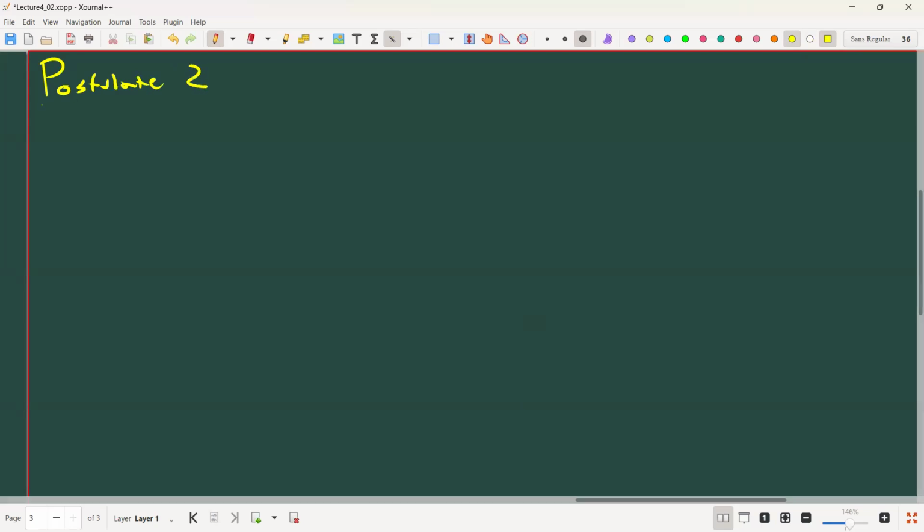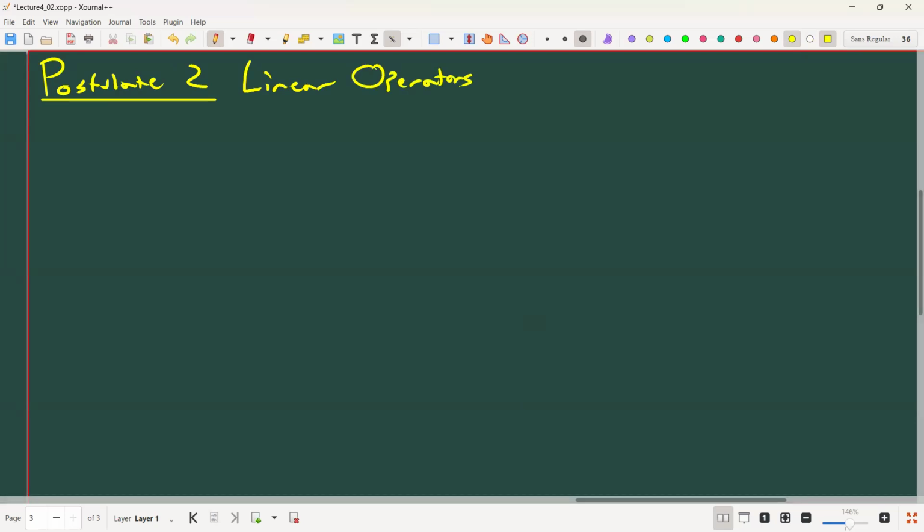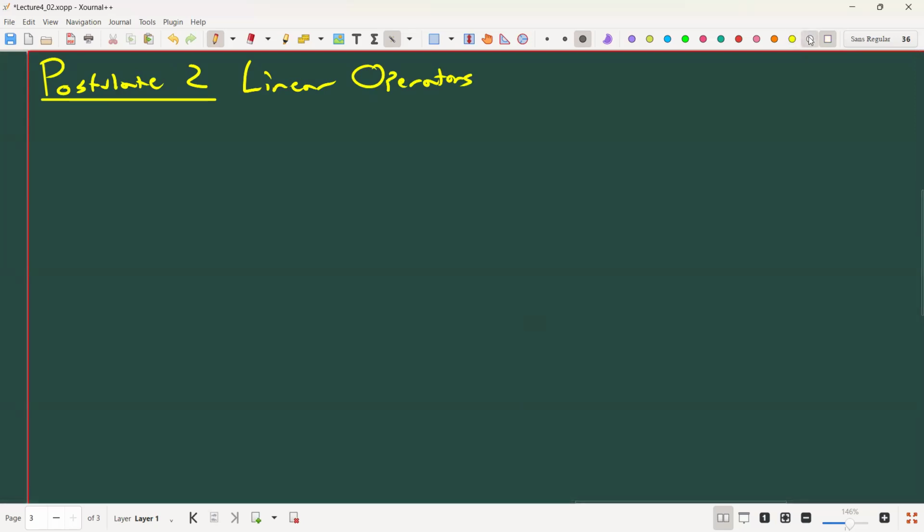All right, so let's return back to where we left off last class, which is the second postulate, which is linear operators. I'll just write a couple of sentences here about what a linear operator is. I'll make sure to go back to your notes from last class. We did talk a little bit about it, right?